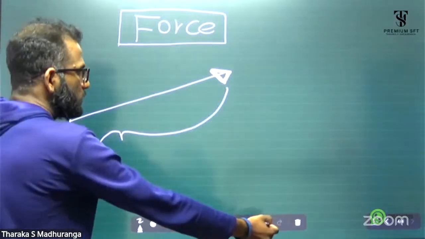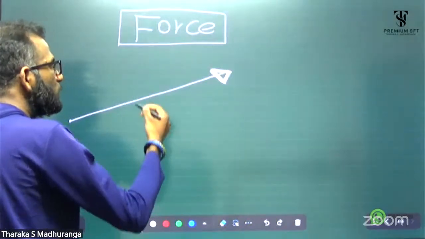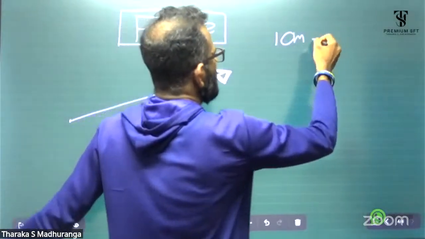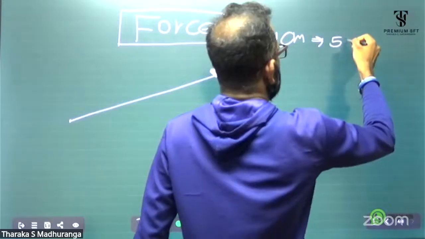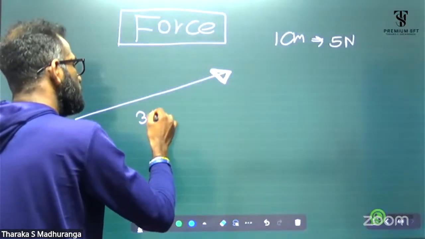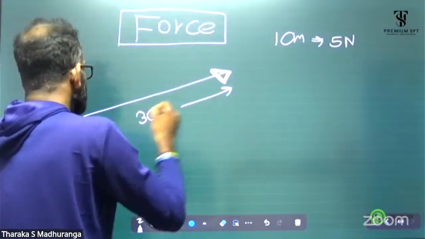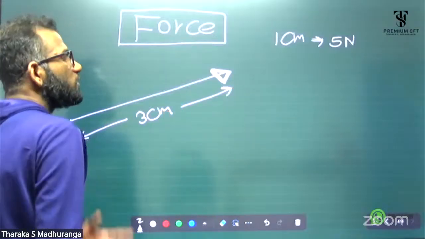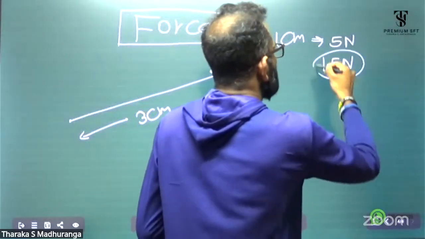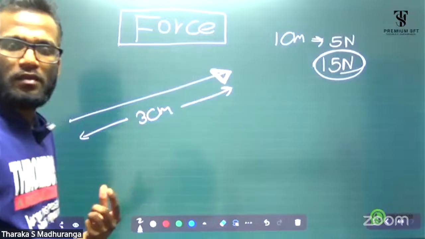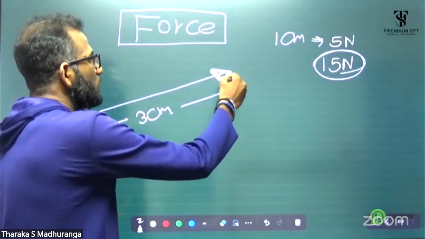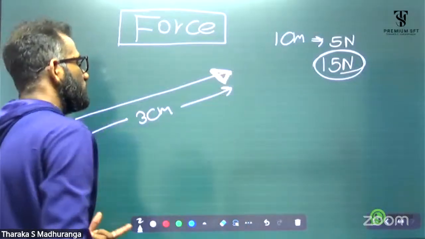As an example, think 1 centimeter of this line describes 5 Newtons. Then if you have a 3 centimeter line, this arrow describes 15 Newtons.